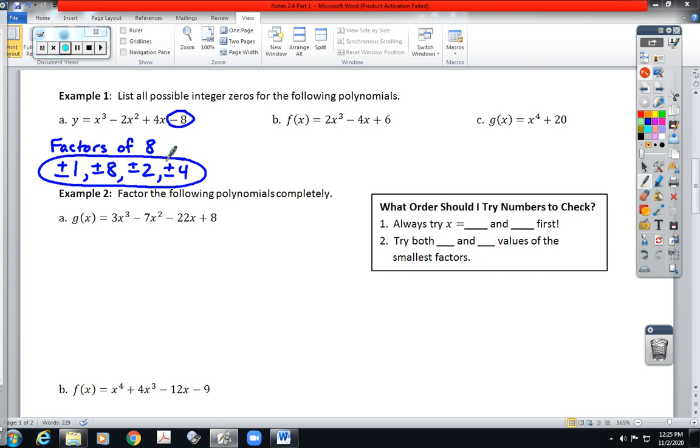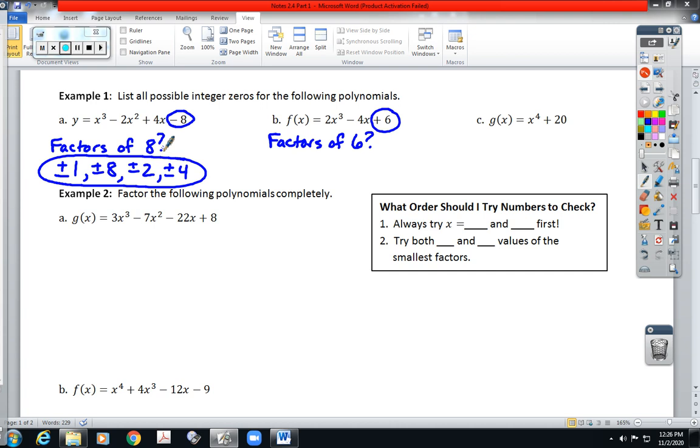So if we were guessing and checking, we would want to guess those 8 numbers first. Okay? Starting with the smallest ones and working our way to the biggest ones is the way I would suggest approaching it. Okay? So on the second one, what is the constant term in letter B? 6. So we ask ourselves, what are the factors of 6? Okay, because those would be the possible integer zeros of this function.